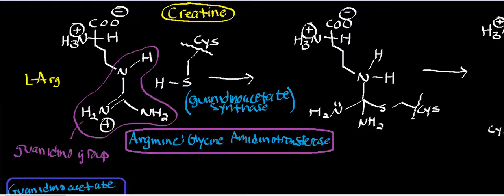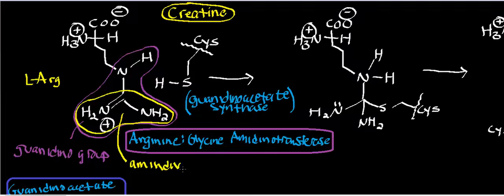And effectively what this first enzyme, guanidinoacetate synthase, is going to do is take a molecule of glycine and transfer at least this component of the guanidino group onto glycine. Okay, so this component right here has a special name. This is called an amidino group. It's basically part of the guanidino group, except one of the nitrogens is of course excluded from it.